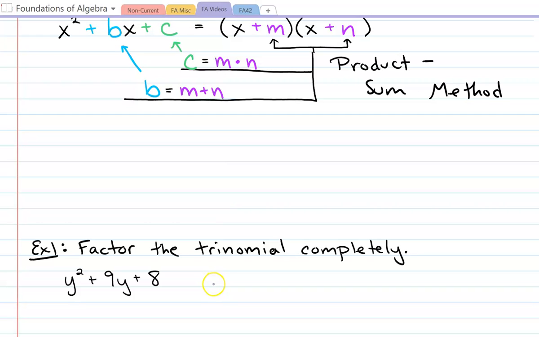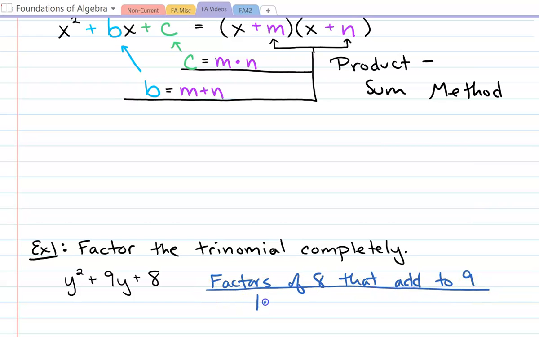So, factors of 8 that add to positive 9. Well, there's only one pair that will do it, but let's list them all. 1 times 8 is 8.